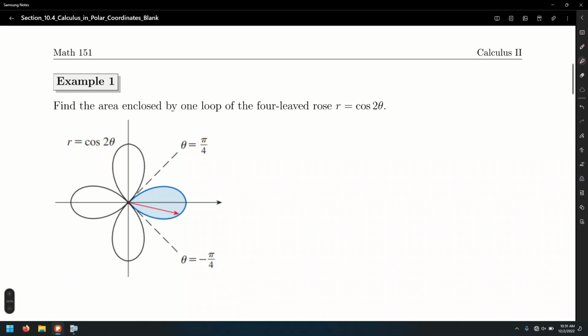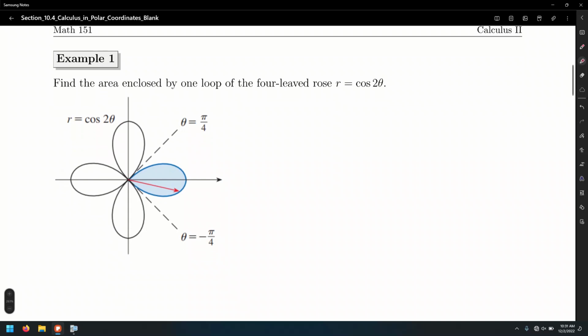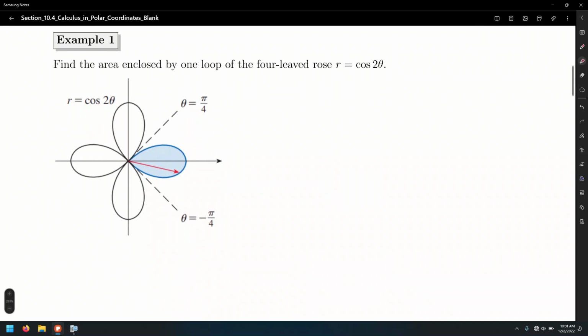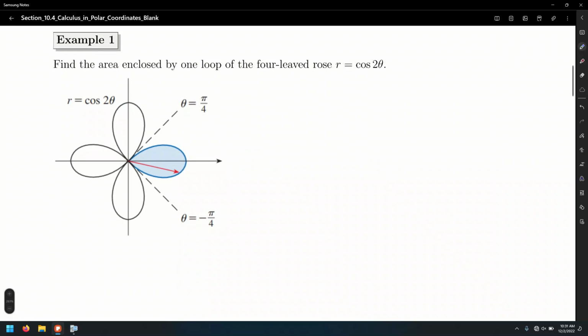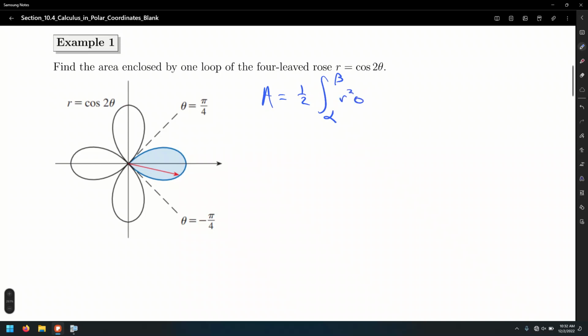All right. So we have the graph over here, and in this case, they're being nice and giving us the limits of integration for us. So number one, let's write down the formula to set up the work to find the area. So area equals 1/2 the integral from alpha to beta of r squared d theta, where in this case r is the given function, cosine 2 theta.